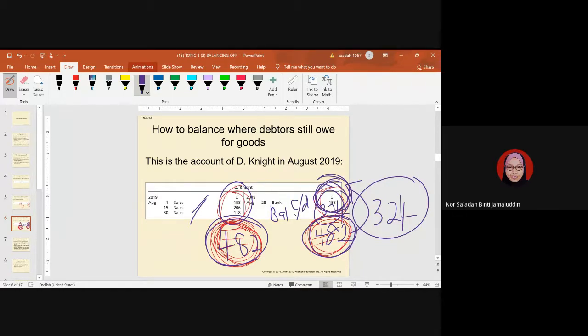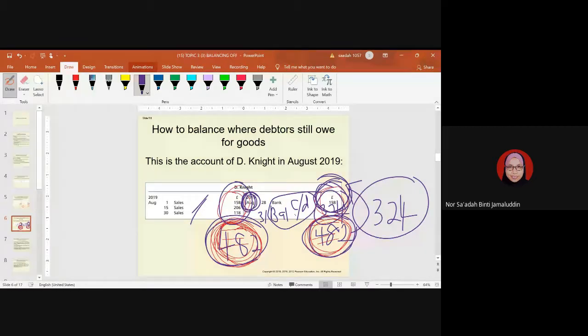As we learned before, balance carried down must use the date. Okay, same month, but the date that you must state here is the last date for the current month. Let's say this is August. So your date is 31st August.